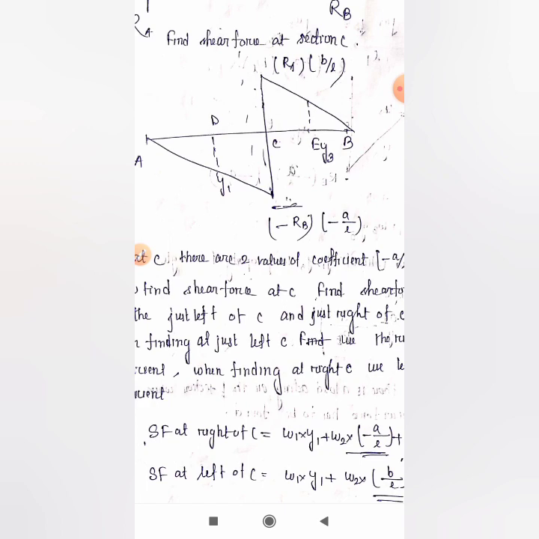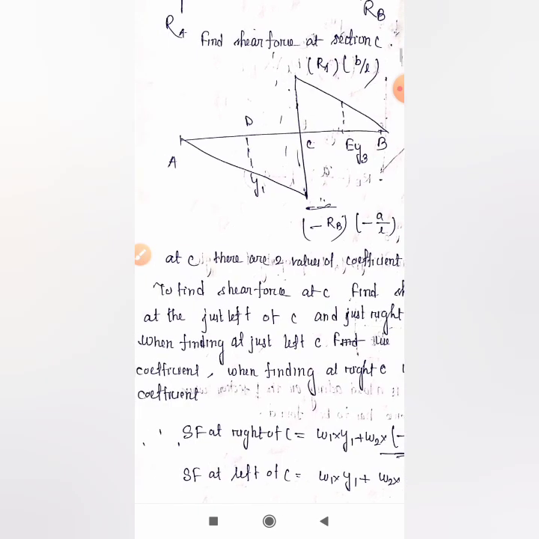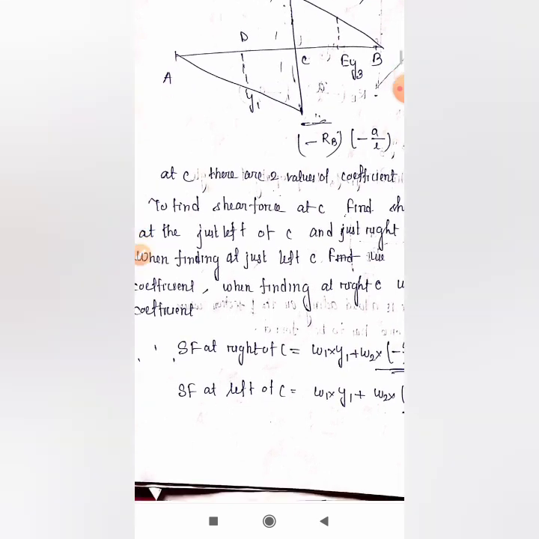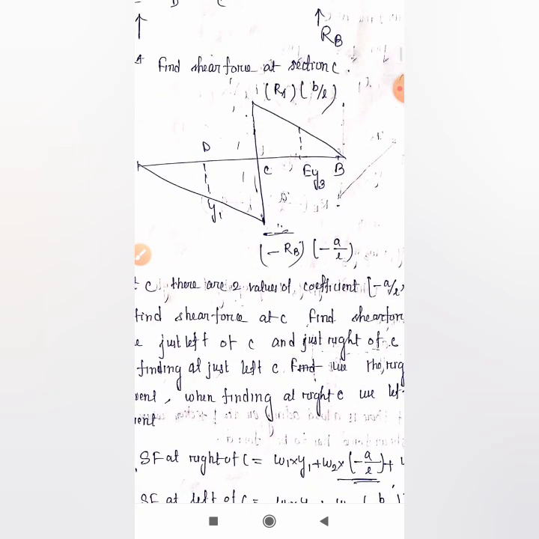Now which value will we consider when we find the shear force at the left section? At just left of section C, we will consider the positive value, that means the value of the right section. And when we find the shear force at just right of section C, then we will consider the left value, that is the negative value.